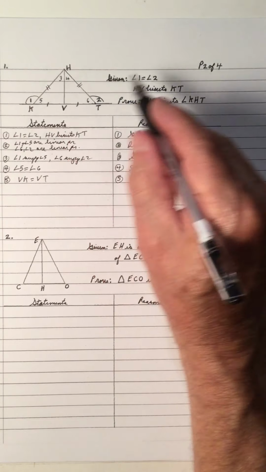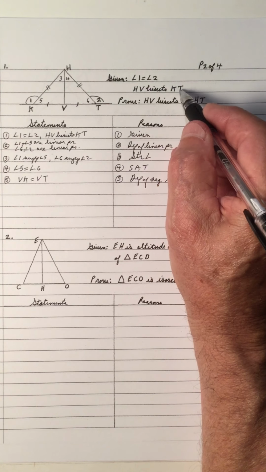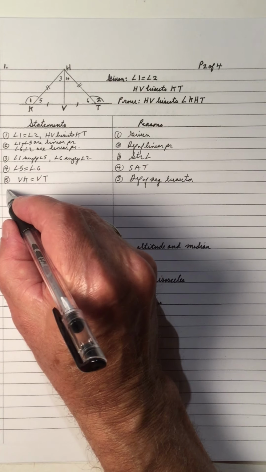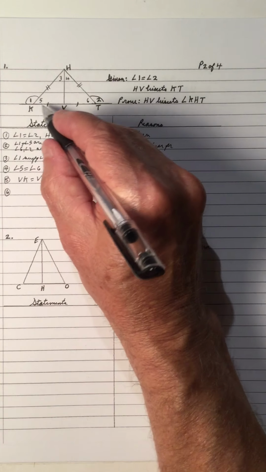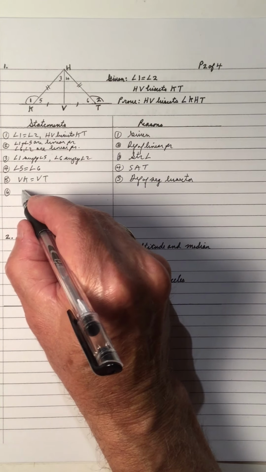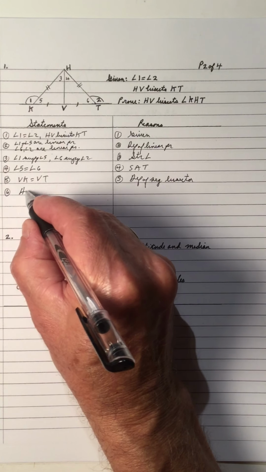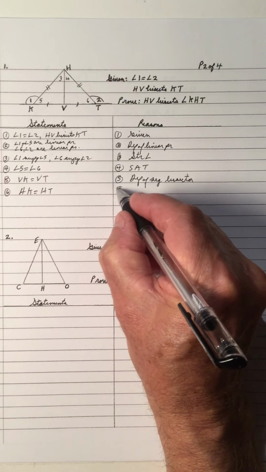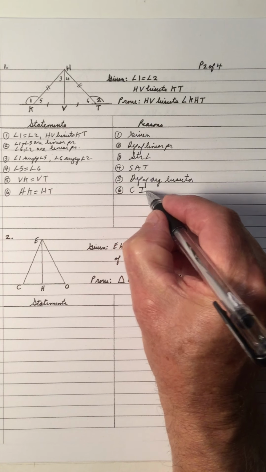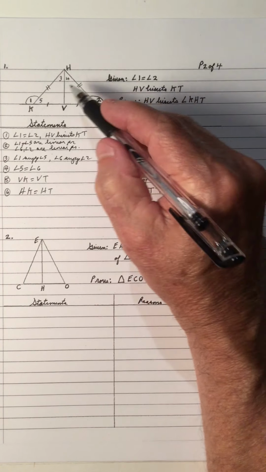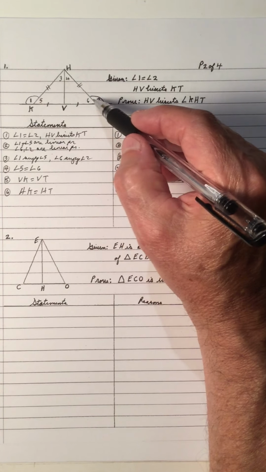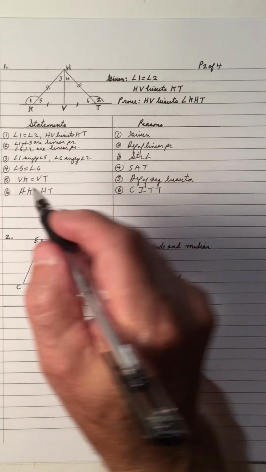Because HV bisects KT, it cuts KT into two equal pieces. And now we have 5 is equal to 6, so now we have HK equals HT, and it's converse of ITT, which means these two angles are equal in this triangle HKT, so these two sides are equal.